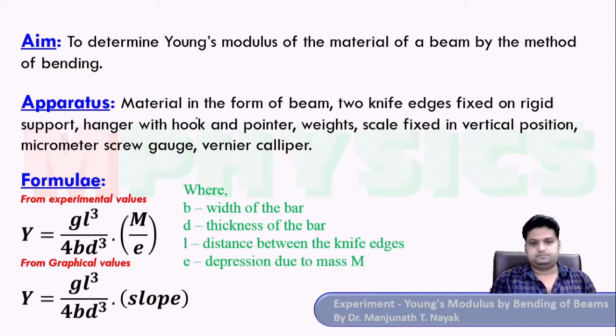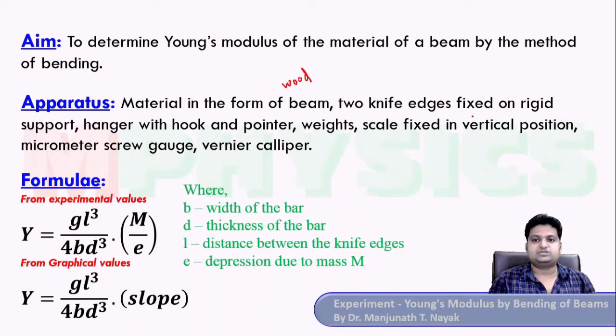Now, the apparatus: material in the form of a beam, of course. Whatever material you want, we have given you wood for this experiment, because if I had given you the steel ones, then possibly we would not have been able to see the bending at all with the ruler. For that we would compulsorily need a traveling microscope.